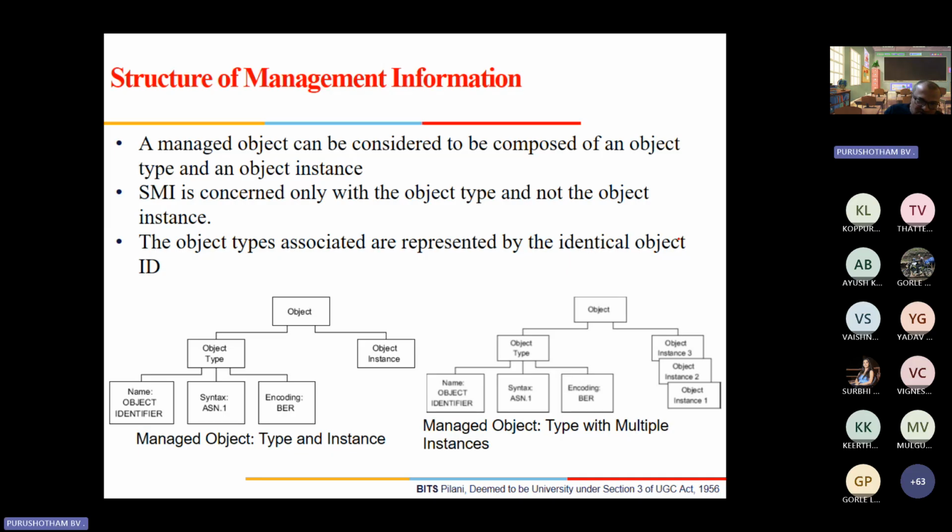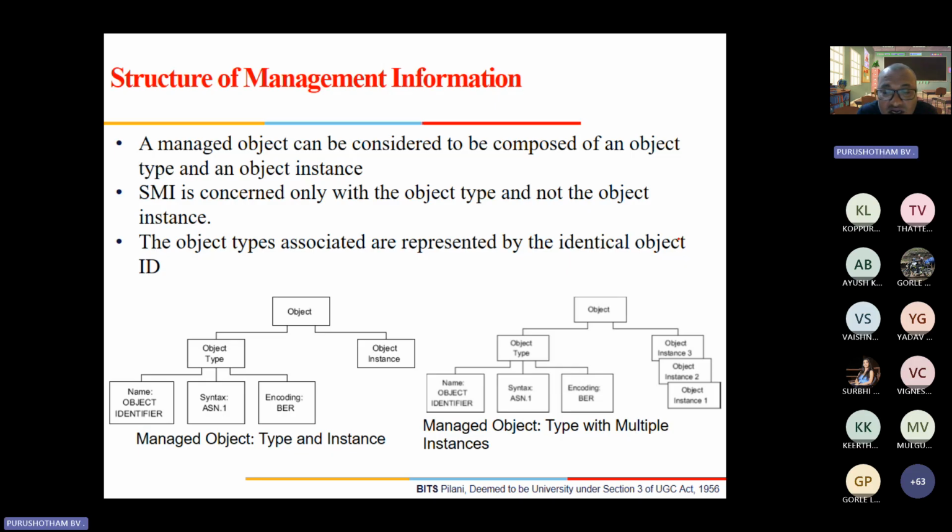And the object could have a name, an object identifier for that, as per the previous definitions. Then there will be a syntax using the language called Abstract Syntax Notation One, and encoding of information through the BER.